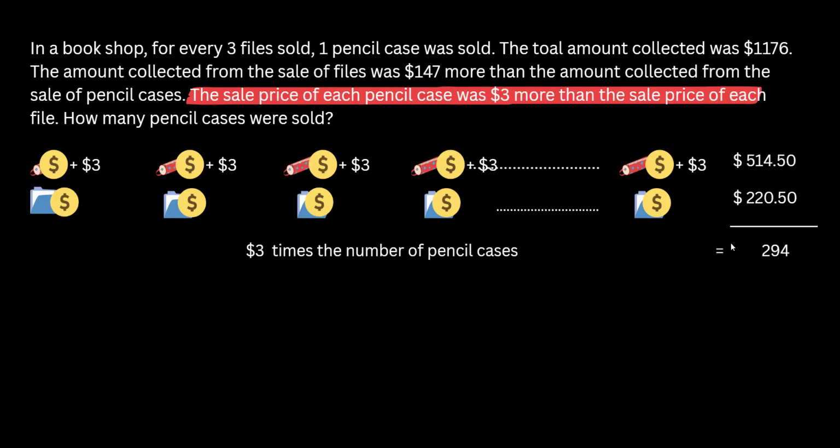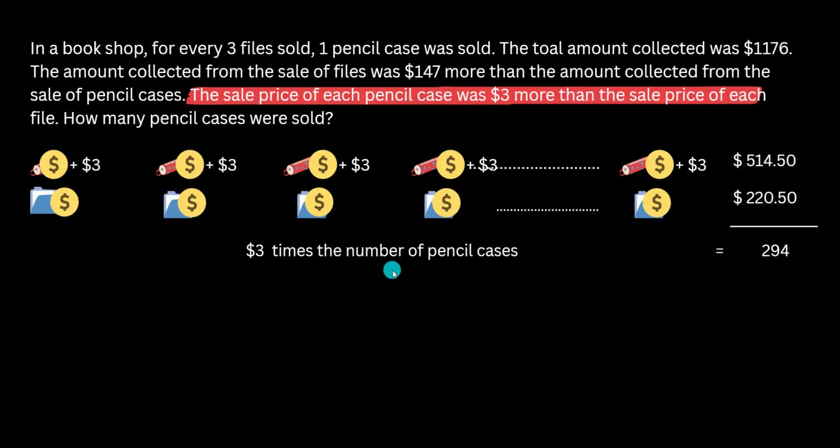Now, if we subtract this and this gets cancelled, I'm left with $3 extra here. Here again, whatever this portion of the cost of the pencil case is, these two get cancelled and I'm left with another $3. So $3 times the number of pencil cases will be equal to, when you subtract these two, 294.